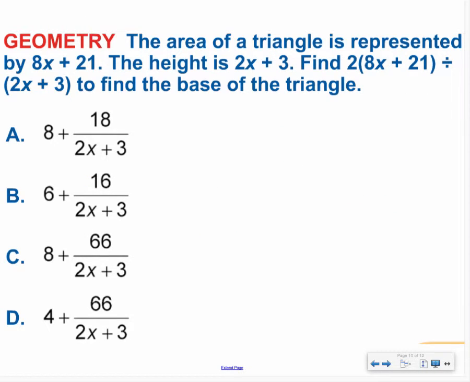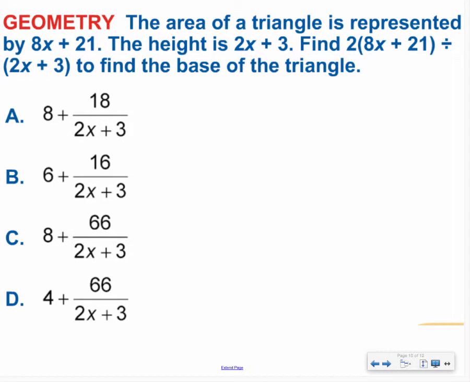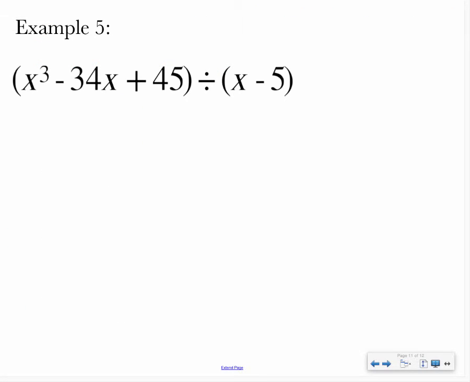Alright, why don't you guys take a moment and try to find the base of this triangle. Hopefully you ended up with 8 plus 18 over 2x plus 3. If not, as always, ask questions. And let's take a look at our last example.